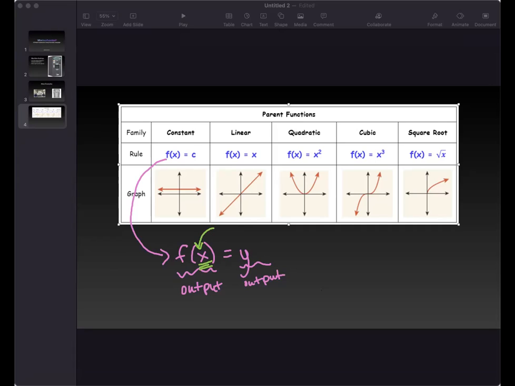Let's talk about what that actually means in terms of this example. With a constant function, it's always going to be a horizontal line like this. That's because if I label these axes, x and y, no matter what x value I put in, it's always giving me out the same y value. Let's say that it crosses through at 1 there.